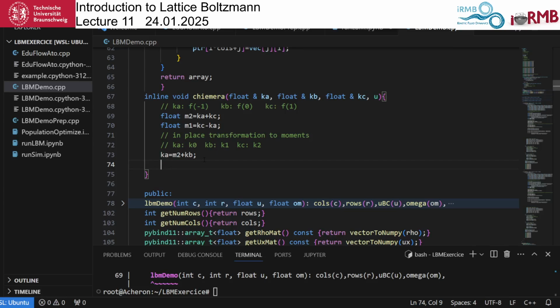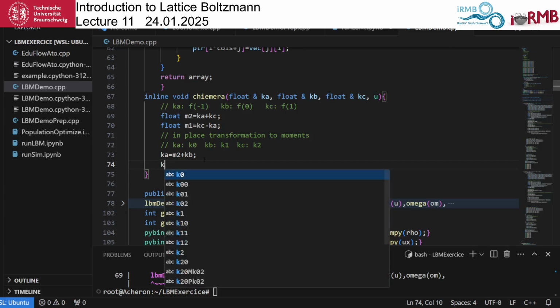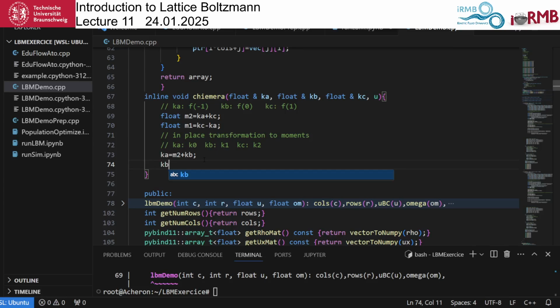Now Kb is supposed to be K1, and K1 is this M1 minus U times Ka, because Ka is now the zero moment.